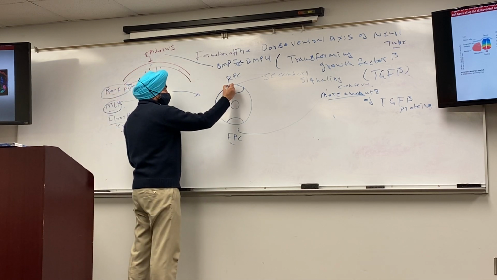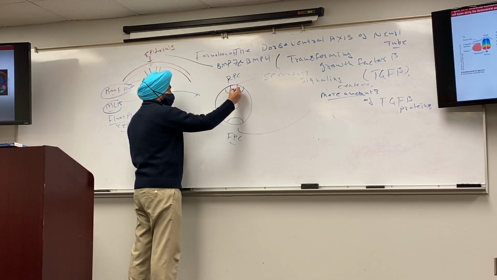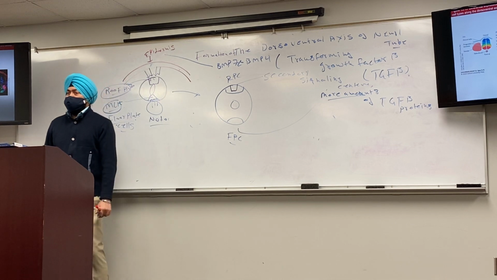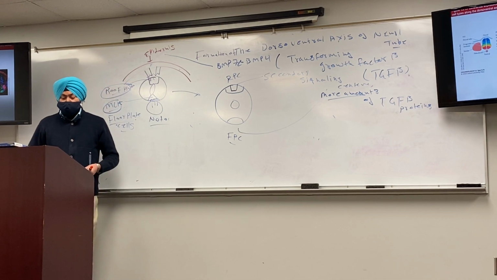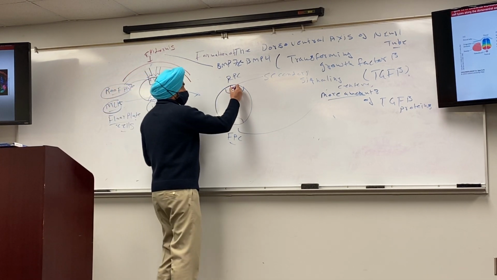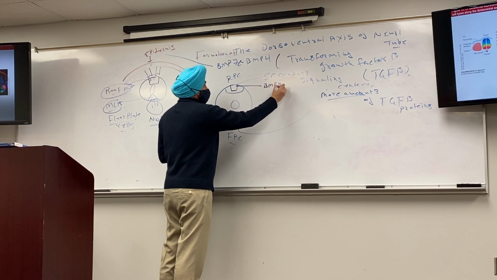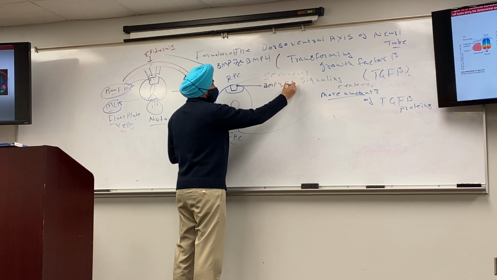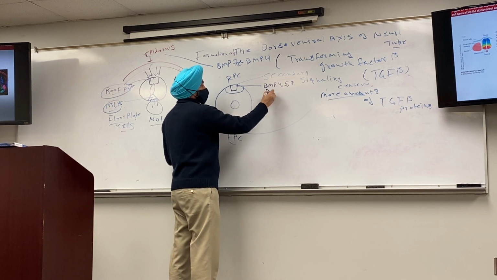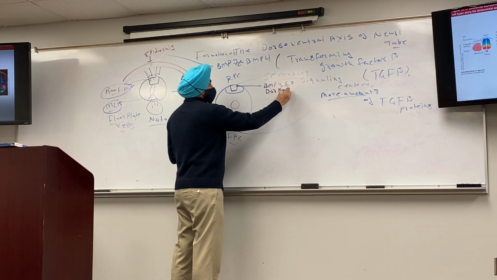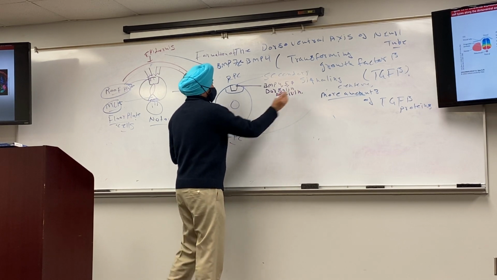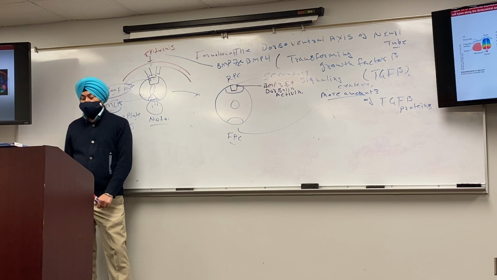Right here, the cells on this area start secreting a lot of BMP4, 5, 7, dorsalin, and activin.